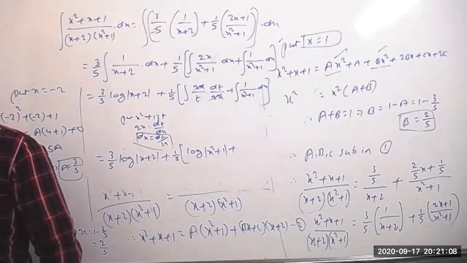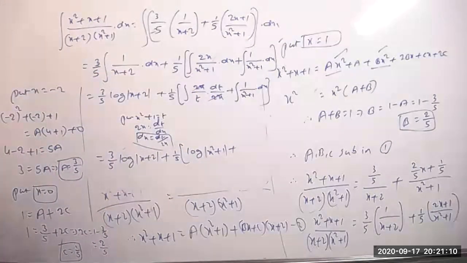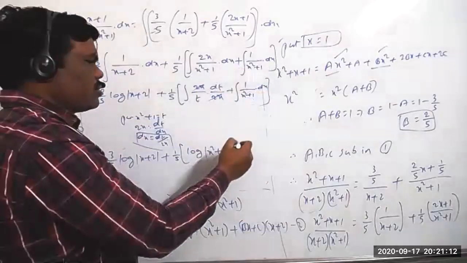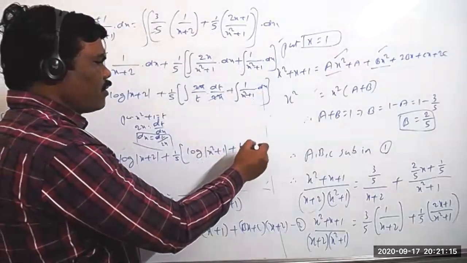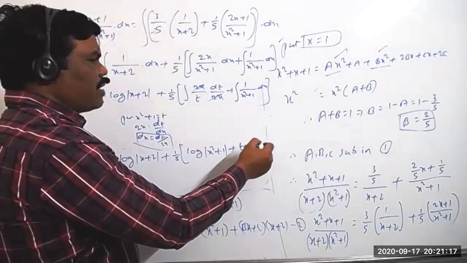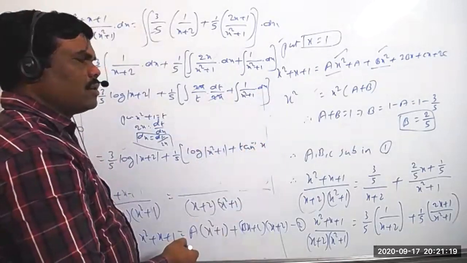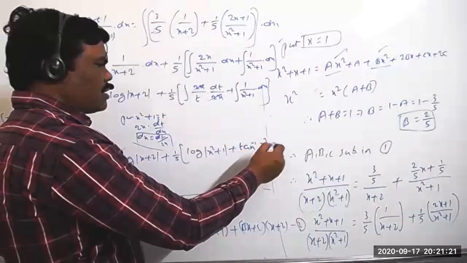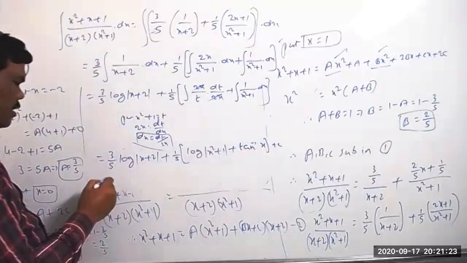What is the formula? 1 by a tan inverse of x by a. Here a equal to 1, so we get tan inverse of x. Is that correct? Yes, sir. Plus c.